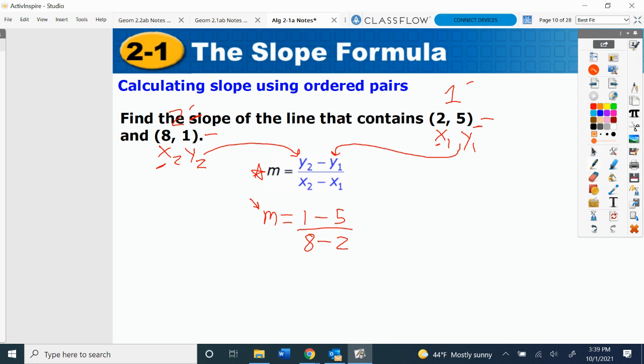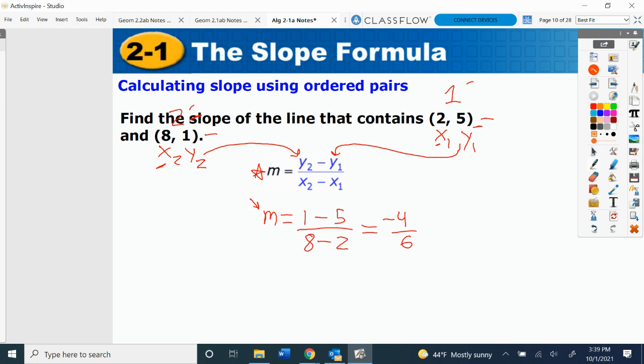Now that I got the numbers where they need to be, it's just a matter of calculating what it would come out to. Watch your math with your positives and negatives with these. Use a calculator if you're not quite comfortable with those. So 1 minus 5 is going to get us negative 4, and 8 minus 2 is going to get us 6.